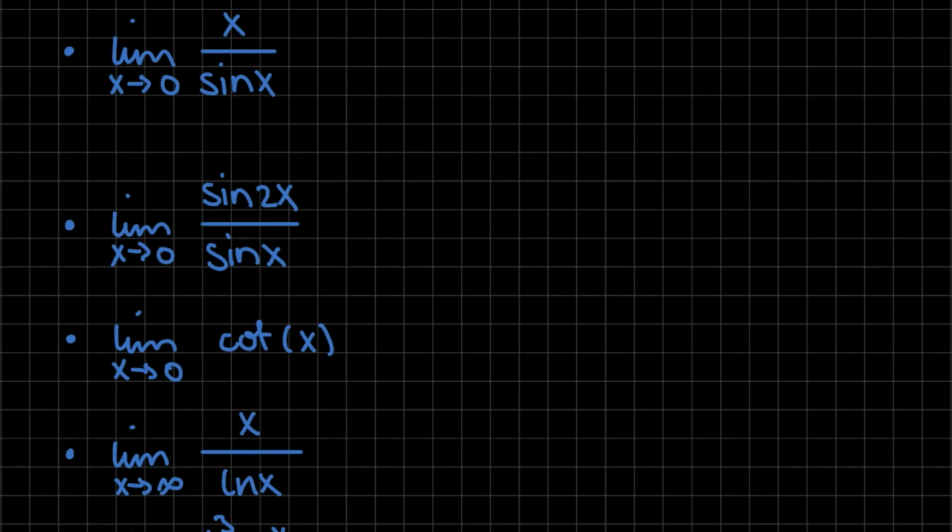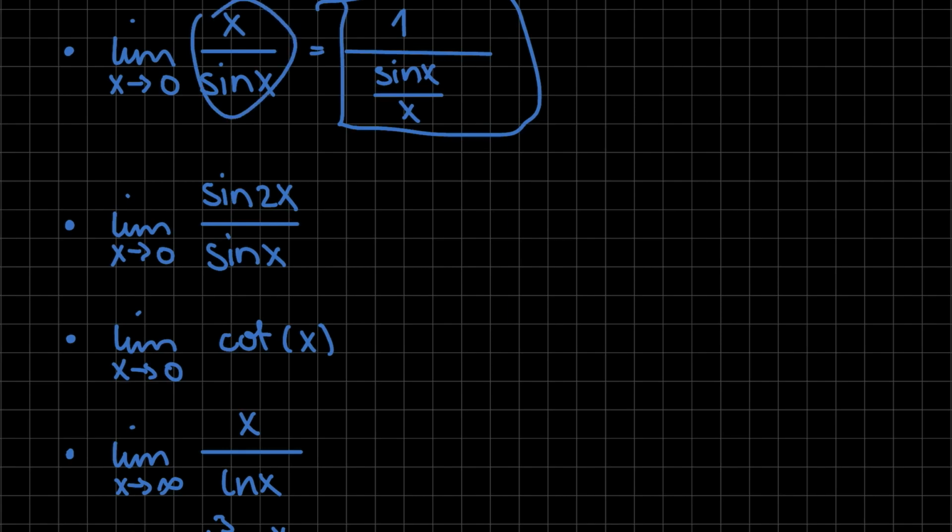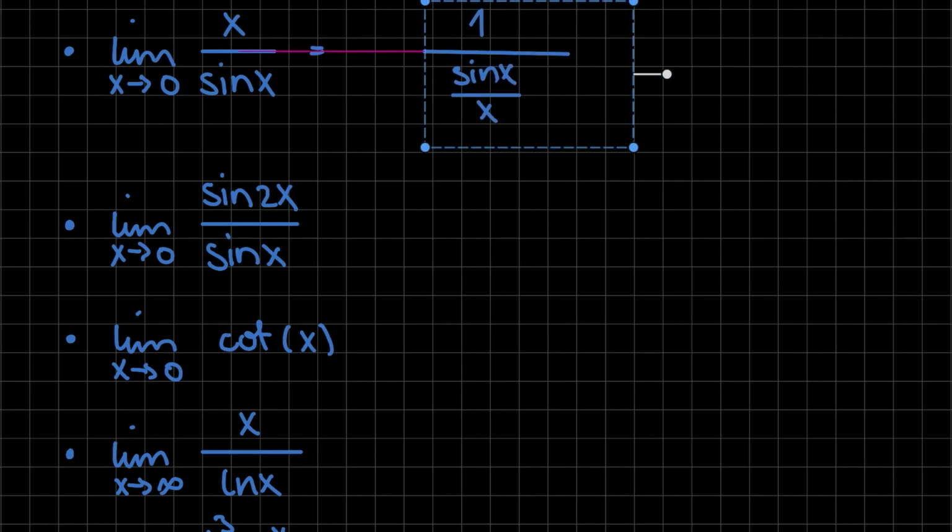So how can we deal with that? Well, we can say that this is equal to 1 over the inverse, sine of x over x. Okay, this expression is the same as this one, and actually we should also still have our limit, of course.